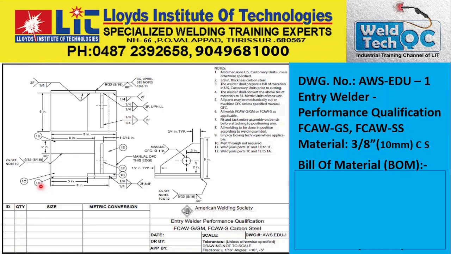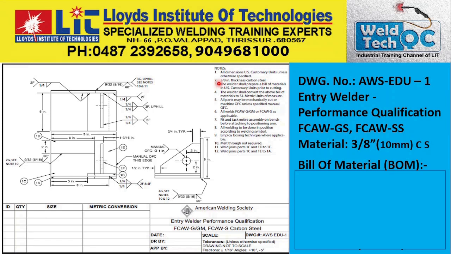So, to start with 1A, what will be the size of 1A? As in the note, it is very clearly given that all the material thickness will be 3/8 inch and the material is carbon steel. So we don't have to repeat this again and again.